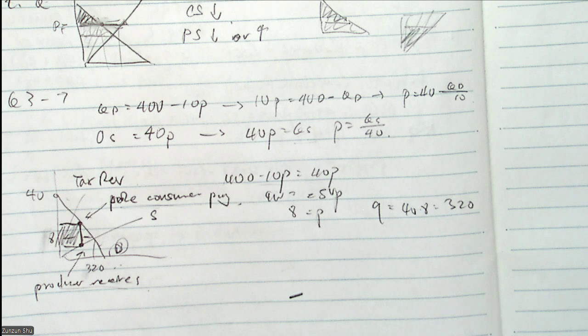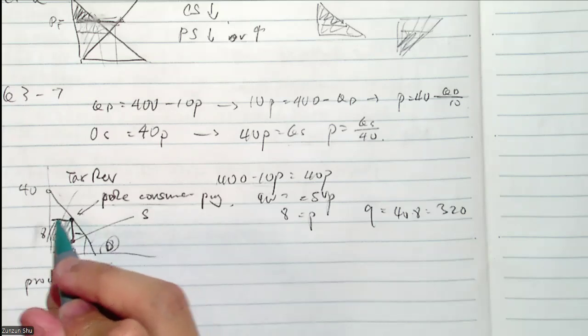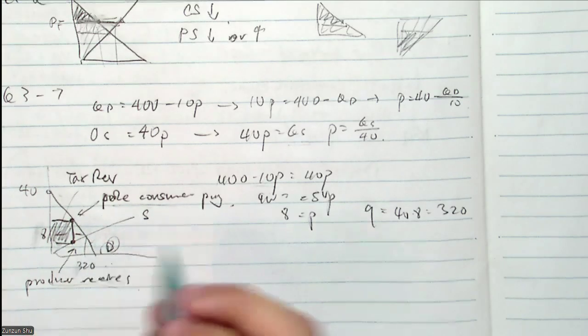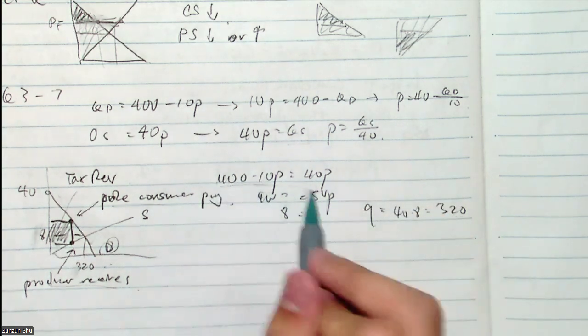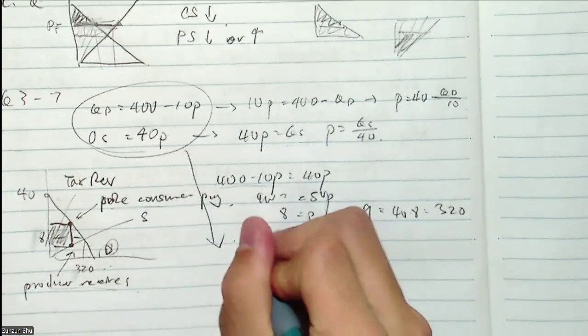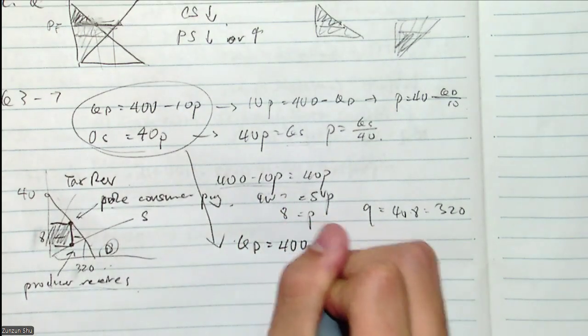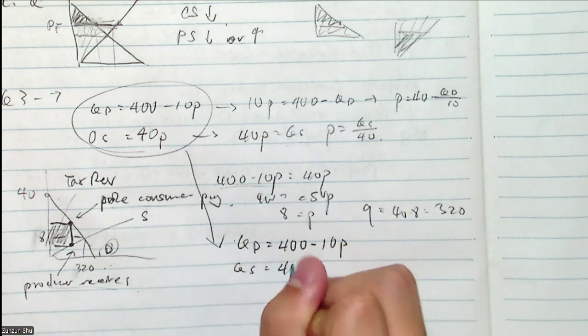So let's try question 4 then and say a $20 tax, right? So how are we going to do it? You don't really want to just manually draw numbers here. So actually, instead, let's go back to our formulas. Okay, we could just use this one actually. So you see, QD equals 400 minus 10p. QS equals 40p.